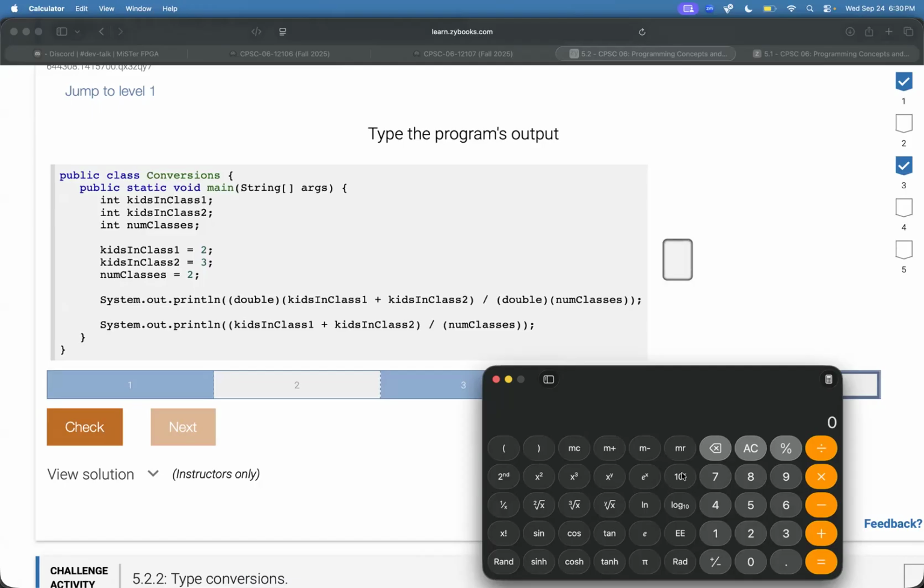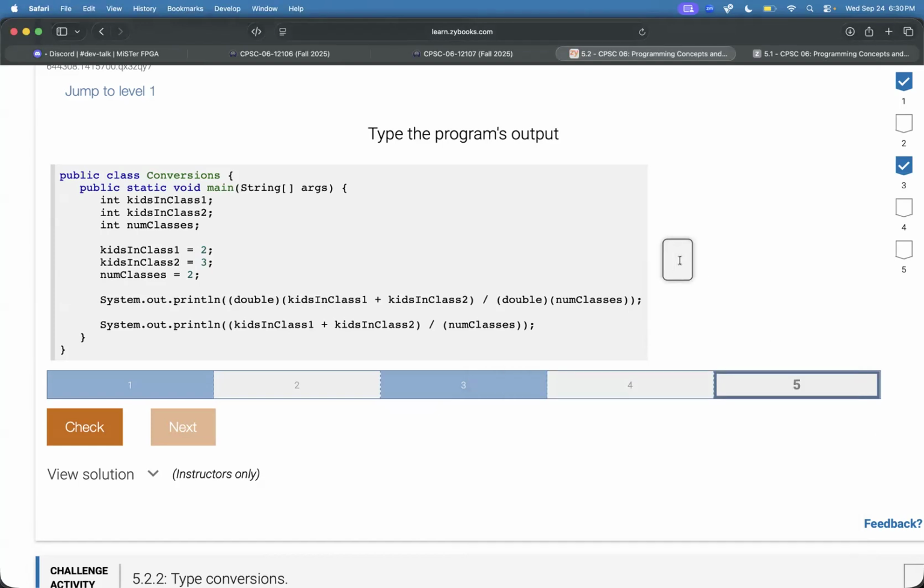So 2 plus 3 will be 5 divided by, we're dividing by num classes, which is a 2. So we're doing 5 divided by 2, okay? And this is casted as a double and casted as a double. So when we run this we get 2.5, everything was casted as a double, so we will get 2.5 as our answer. So the first thing printed will be 2.5.